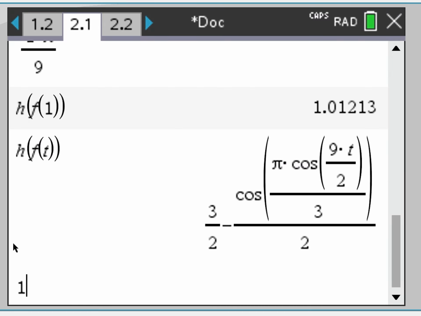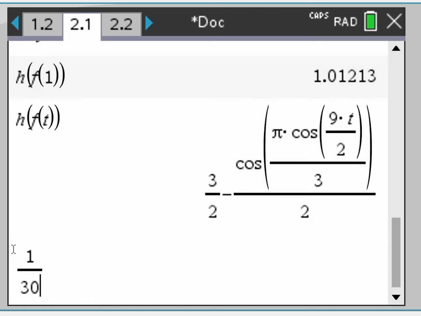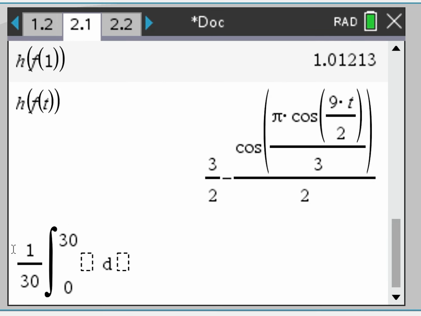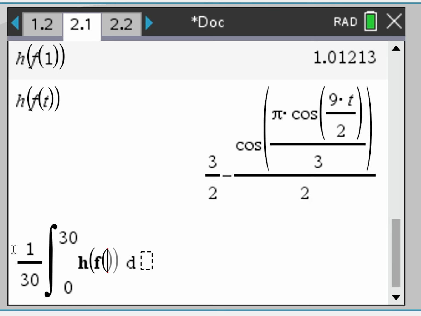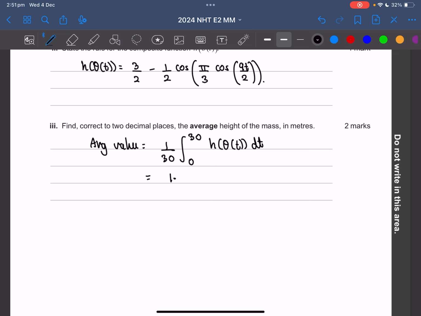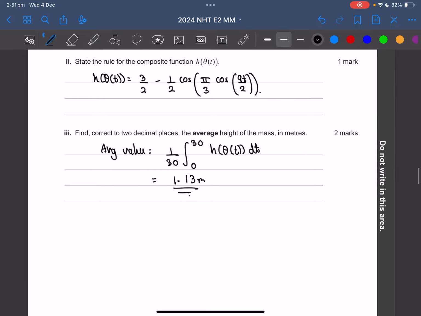So we got 1 on 30, integral from 0 all the way to 30, h of theta of t dt. So average height is going to be 1.13 meters. Okay, hopefully this made sense.